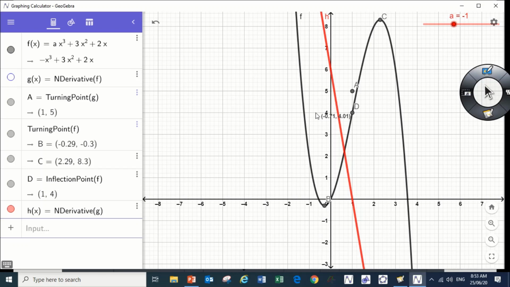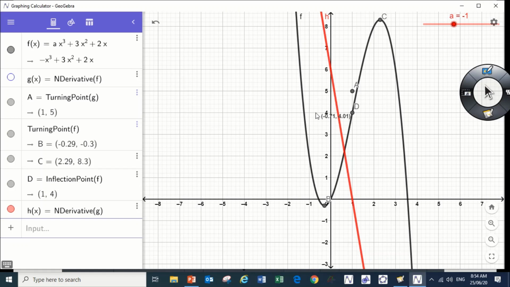So for the second derivative, the y values are negative. Maybe it was a mistake if I said positive, so I'm going to correct it now. In the fourth quadrant, y values are negative. Which y values am I talking about? The y values of the second derivative, which is a linear function.